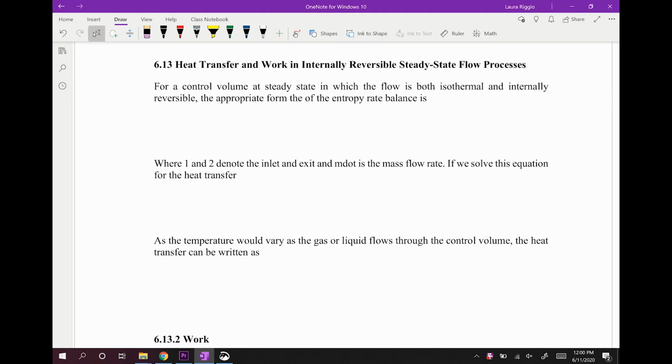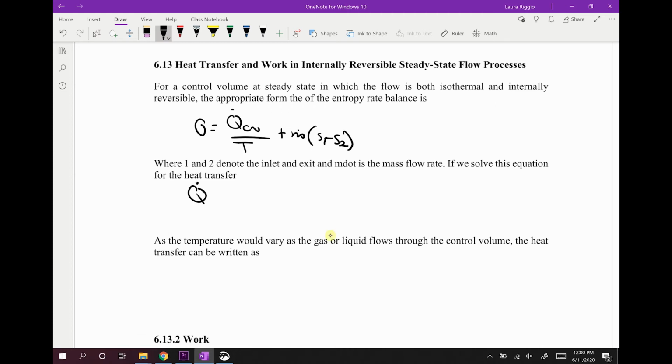So for a control volume at steady state, in which the flow is both isothermal and internally reversible, our energy rate balance becomes 0 is equal to our heat transfer plus our mass flow rate times our change in entropy, because there's no entropy production since it's internally reversible.